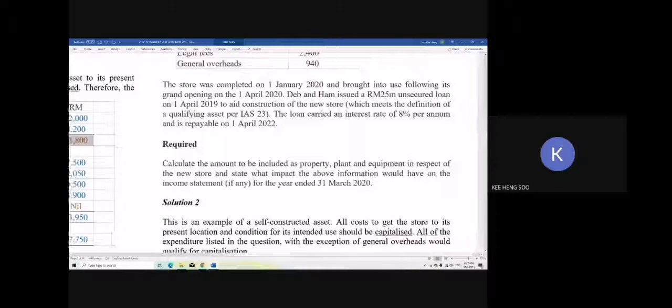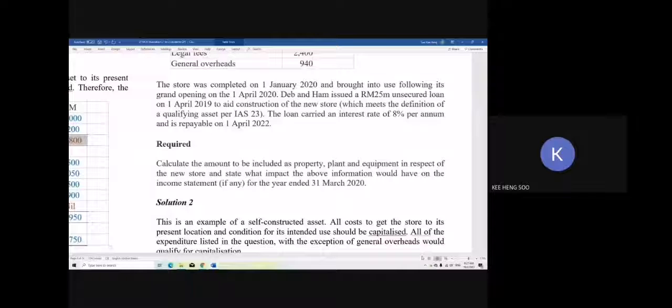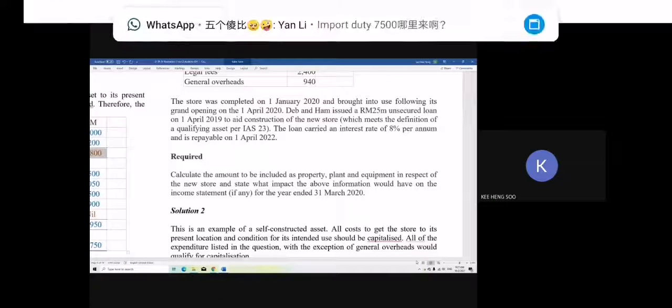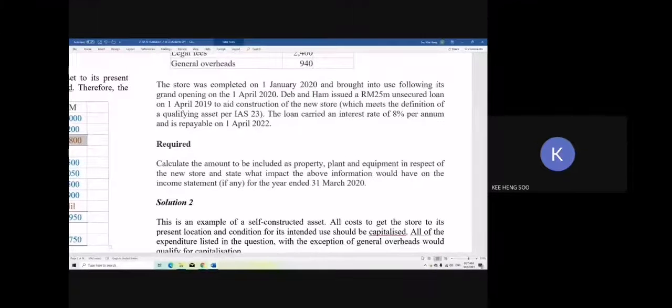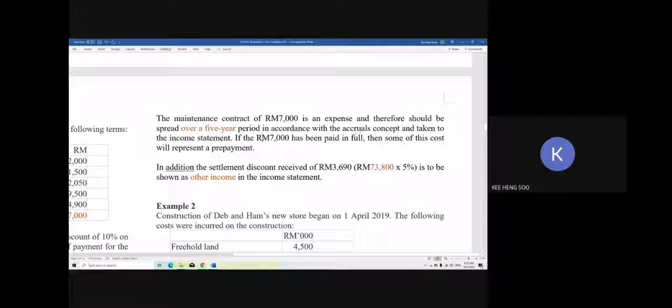In the event there's an early settlement, you already paid in full.